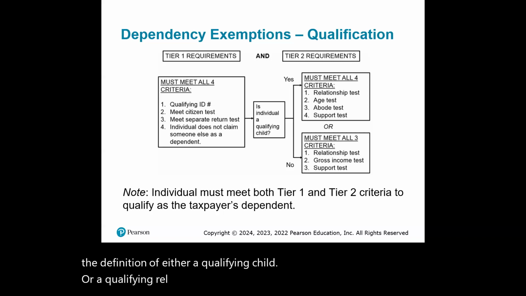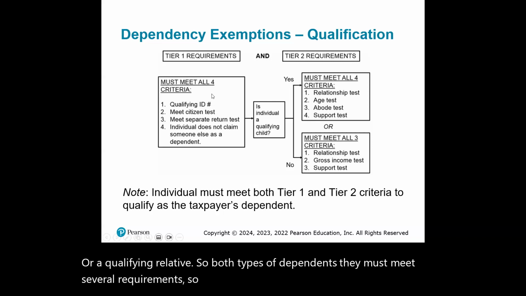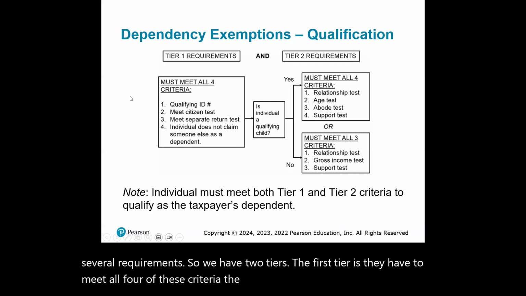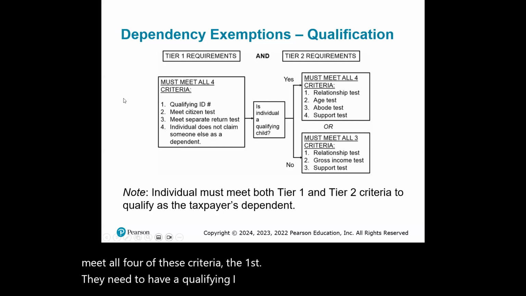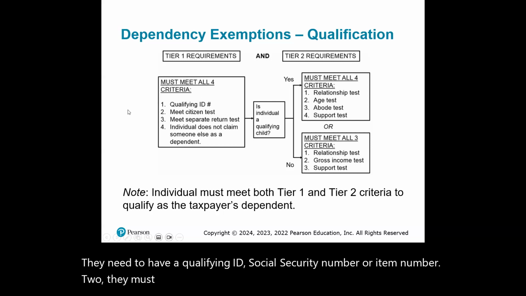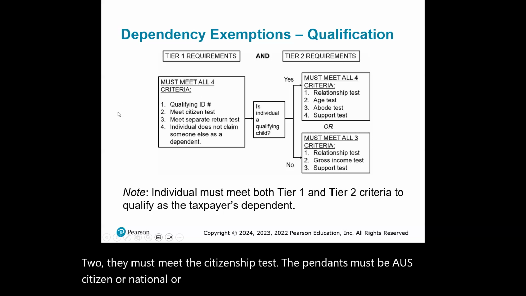Both types of dependents must meet several requirements. So we have two tiers. The first tier is they have to meet all four of these criteria. First, they need to have a qualifying ID, a social security number or ITIN number. Two, they must meet the citizenship test. Dependents must be a US citizen or national or resident of the US, Canada, or Mexico for some part of the year.